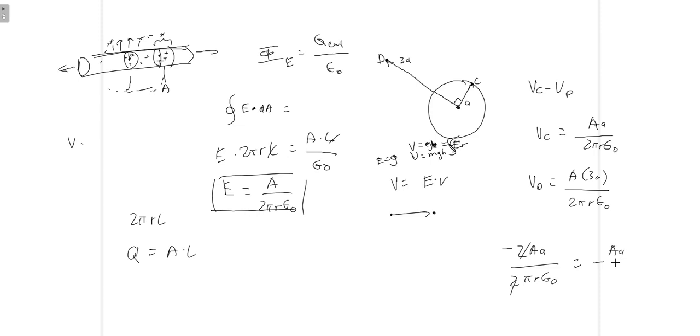Negative AA pi r here. Now, if we think about this, the electric field at this point is stronger than the electric field at this point.